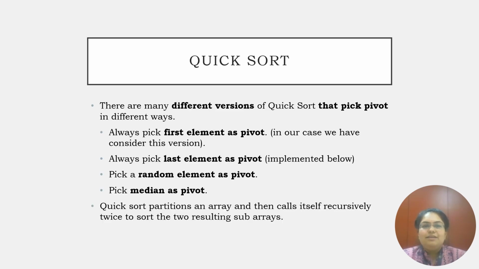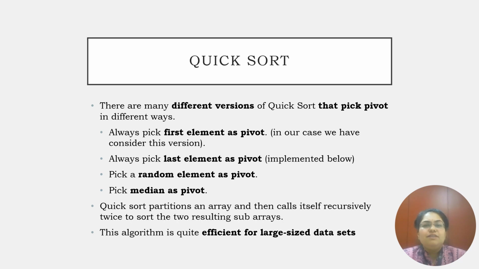There are different versions of quick sort that can pick the pivot element in different ways. In our case we have considered the version where we pick the very first element as pivot.